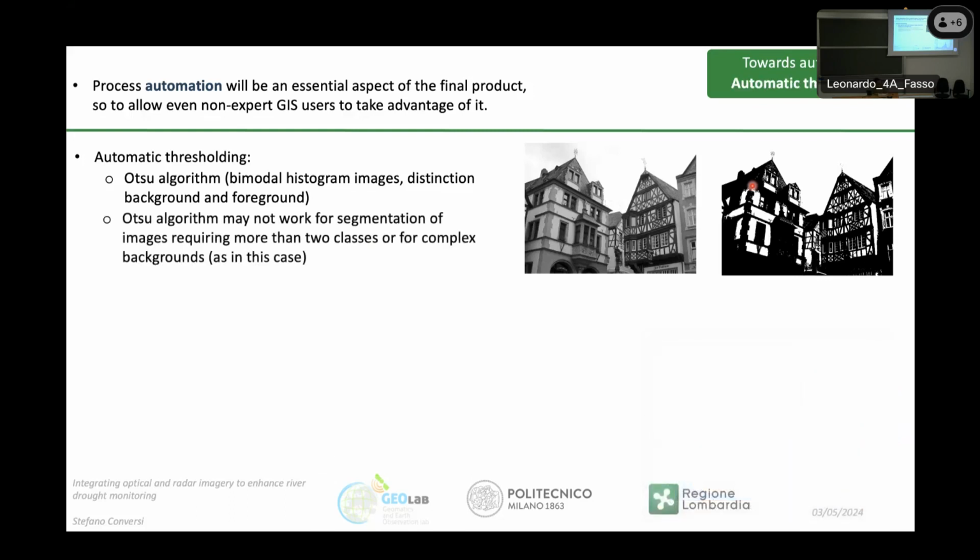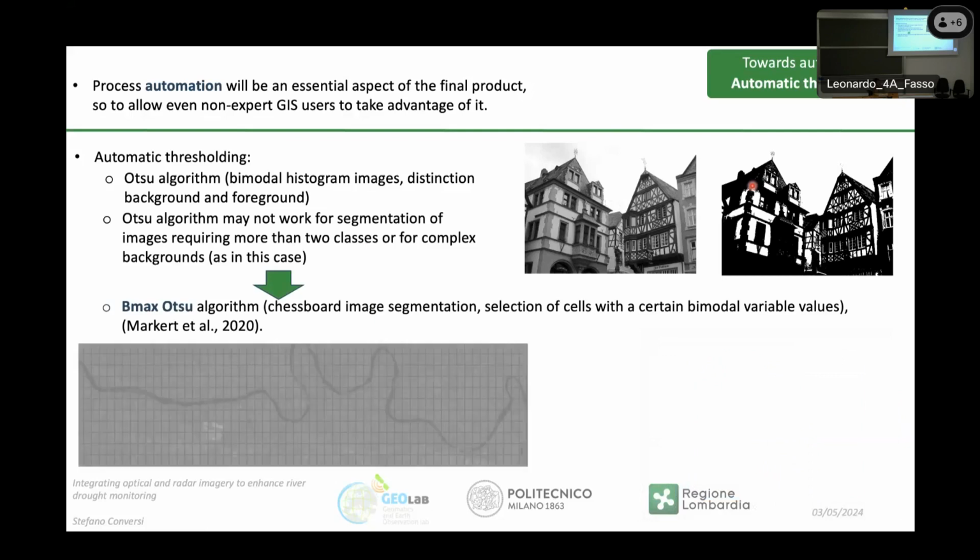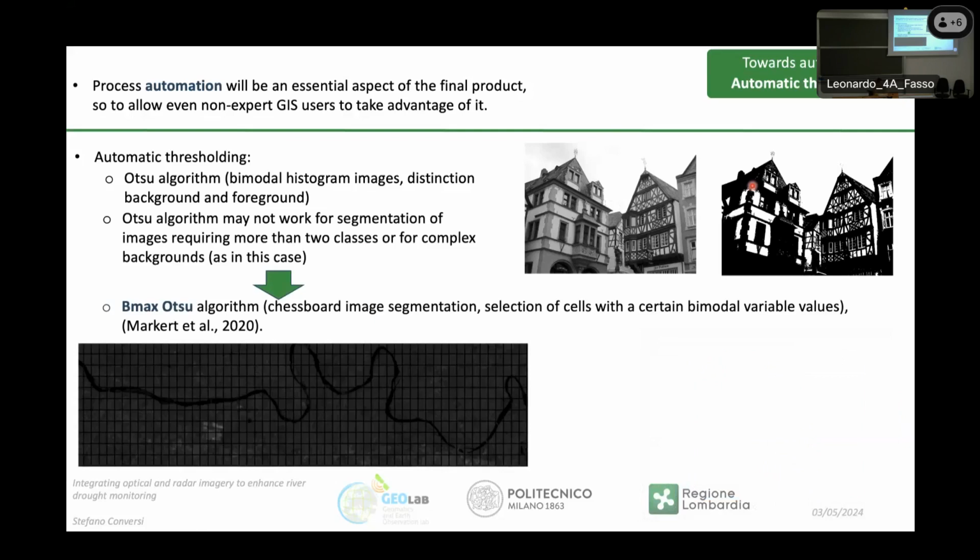The issue in this case is that this kind of algorithm works in situations in which we have a bimodal image, and we know that in our case we are not in such a situation because we are in an RGB image with a set of different conditions, and so we use the modified version of the algorithm, the so-called BMAX Otsu, that first of all segments and divides the image in a sort of chessboard scheme.